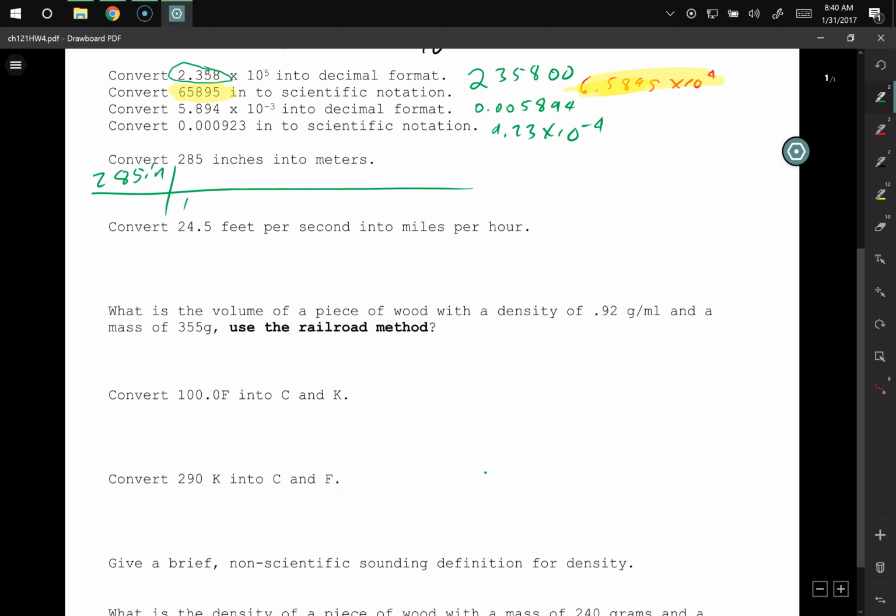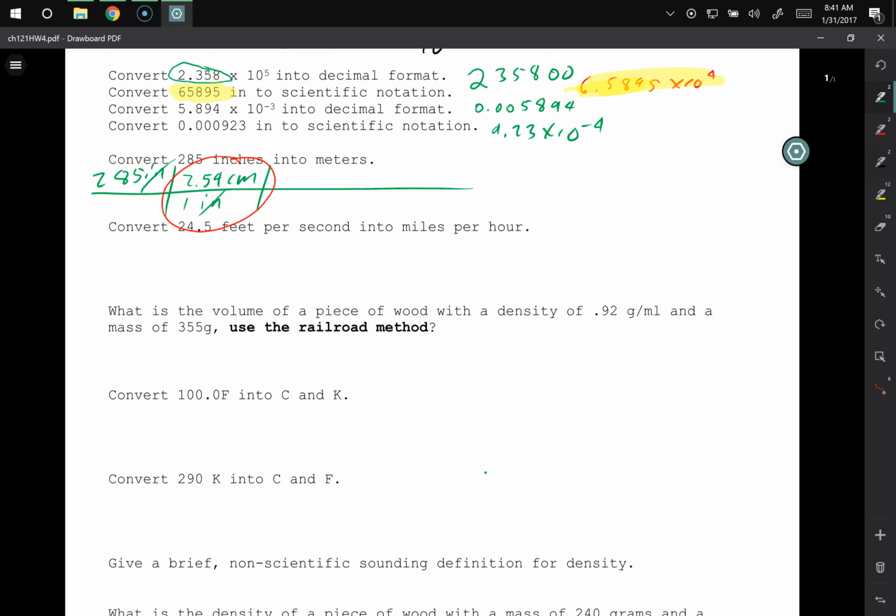So I'm going to put 1 inch is equal to 2.54 centimeters. What's this equal to? 1, because those two things are equal to each other. So that fraction is actually equal to 1. All right, so I was able to cancel the inches out because I have 1 in the numerator and 1 in the denominator. So I need to move on to meters.